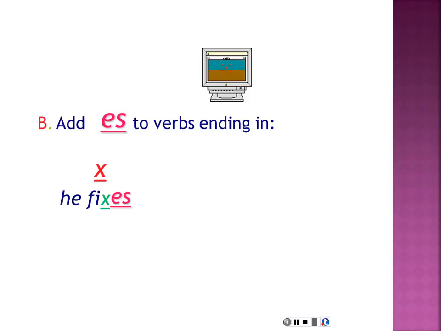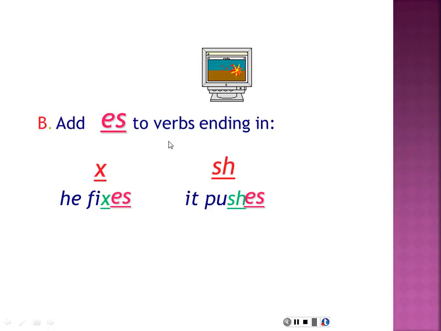We add s or es when we have the singular third person. We add es when the verb ends in x, like fix. The last letter is x, so we add es. So he fixes. This is the first case.